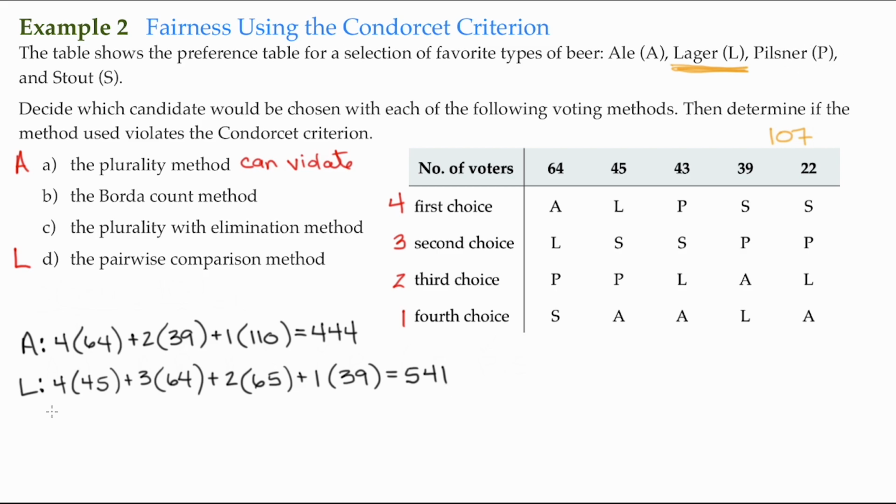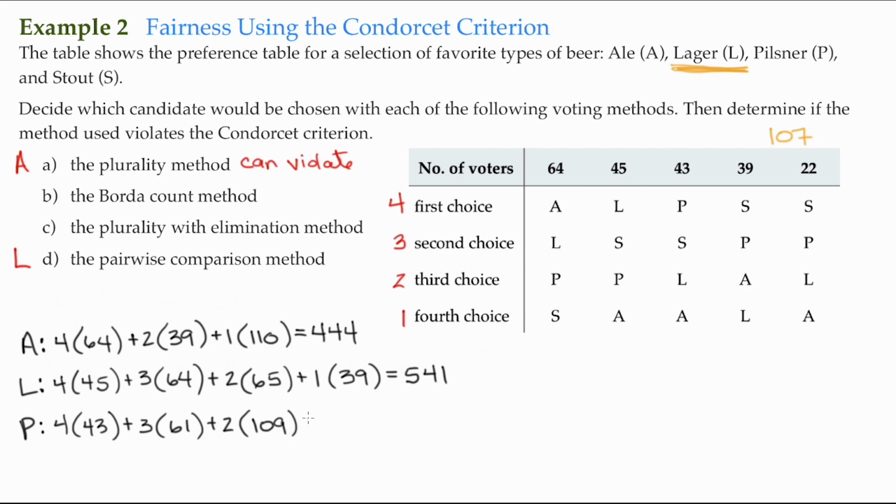We'll then do Pilsner. 43, so that's 4 times 43. 39 and 22, that's 61, so 3 times 61. 64 and 45, so that's 2 times 109.